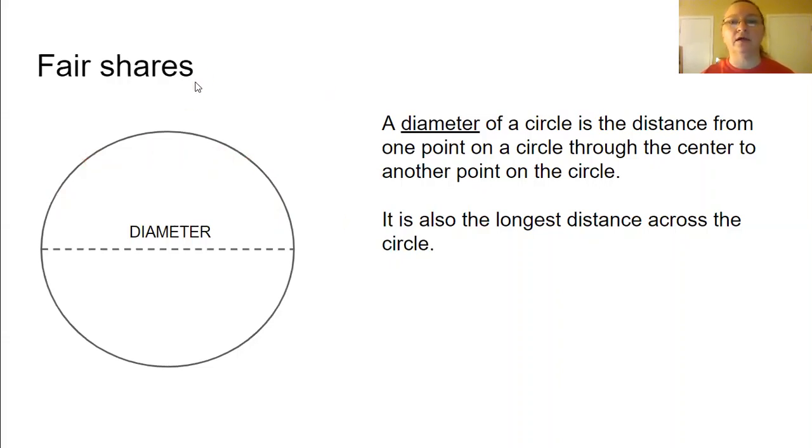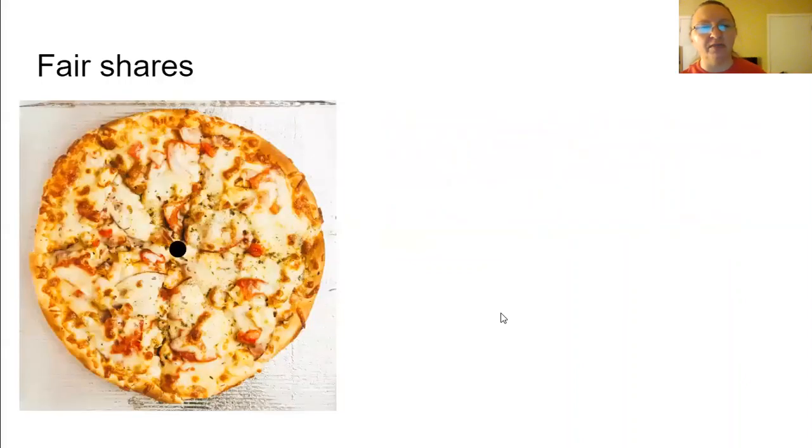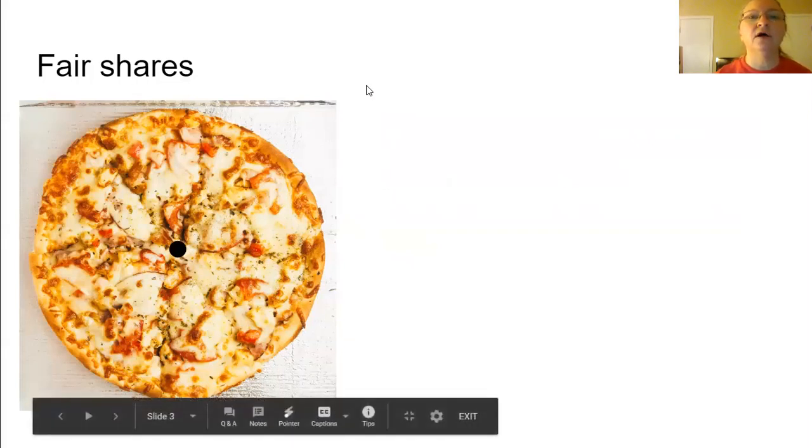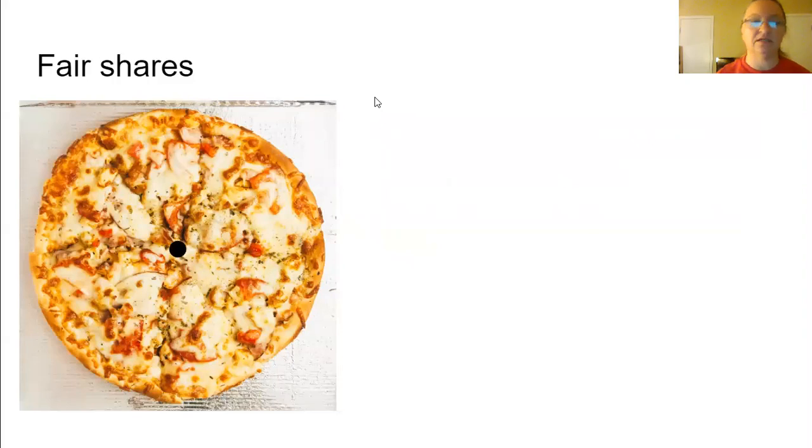Okay, and so we had pictures of pizza today in class, and we had black and white pictures, so they didn't look nearly as delicious, but that looks like a good pizza. And here is a little black spot mark in the center of the pizza, and for this we don't care about the toppings and if the toppings are evenly distributed or anything like that. We just basically talked about having fair shares of this pizza.